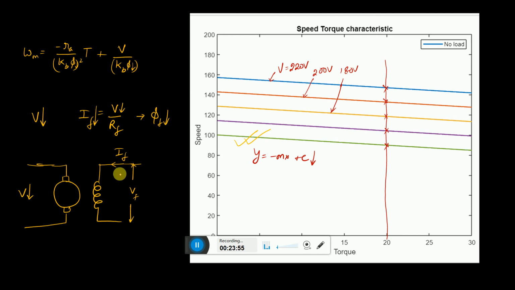In a DC shunt motor, if the supply voltage is decreased, you will not get this type of waveforms. There it has a multiple effect, because the decrease in voltage also decreases the flux. So this must be remembered: these speed-torque characteristics hold only for a separately excited DC motor.